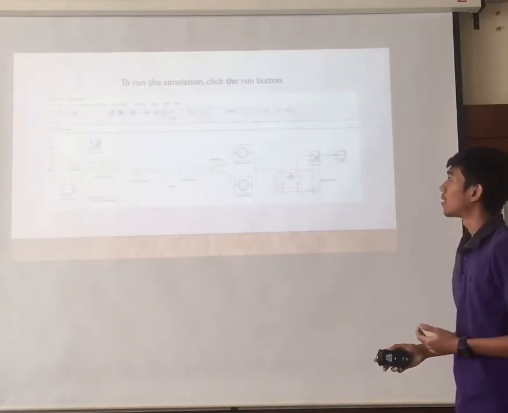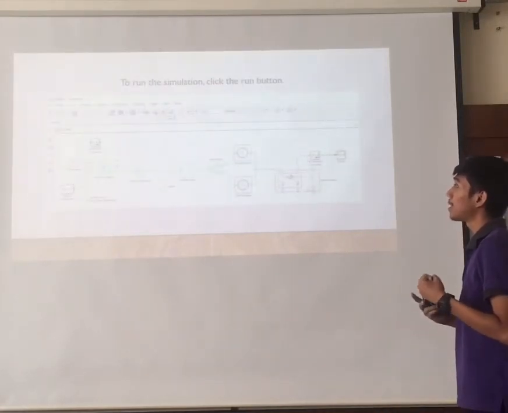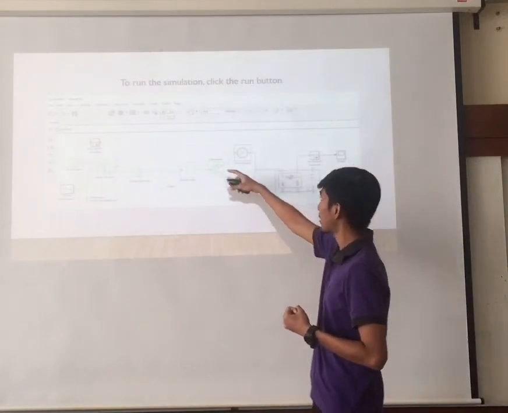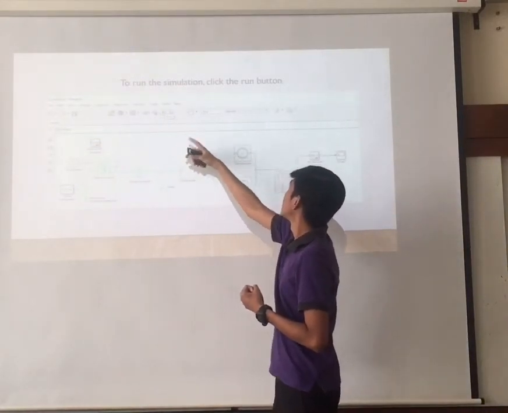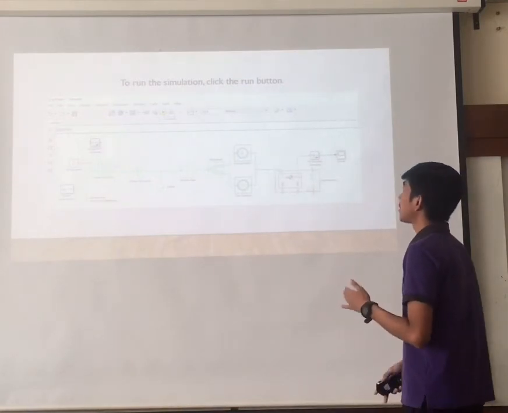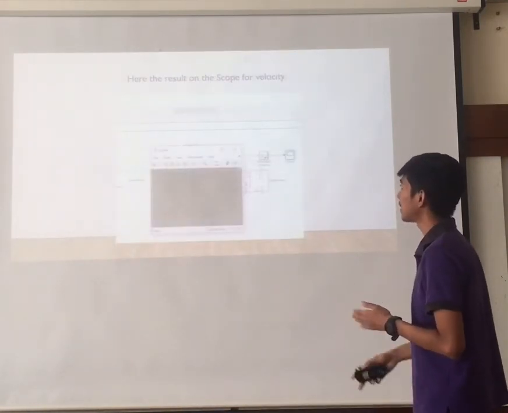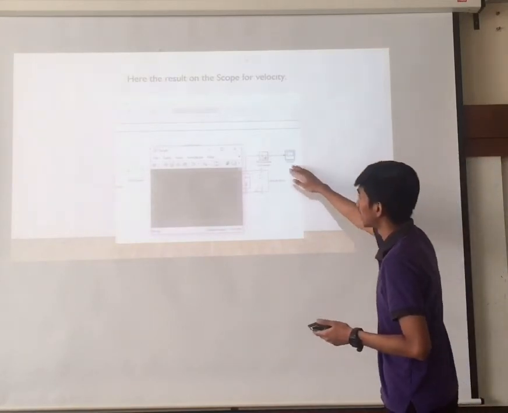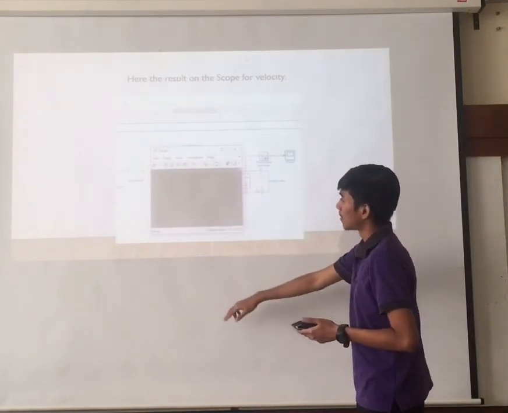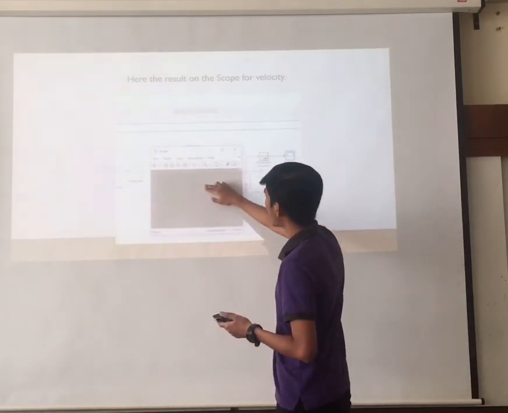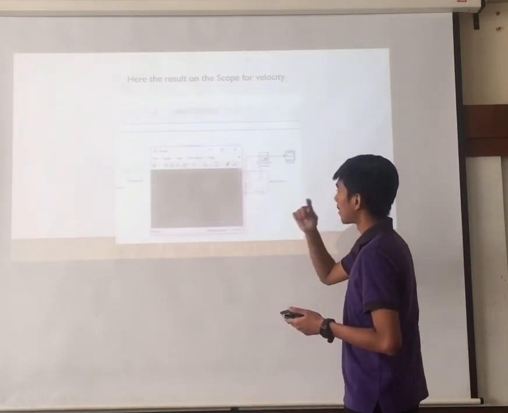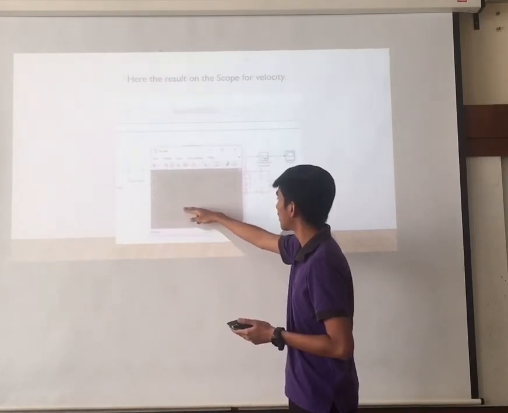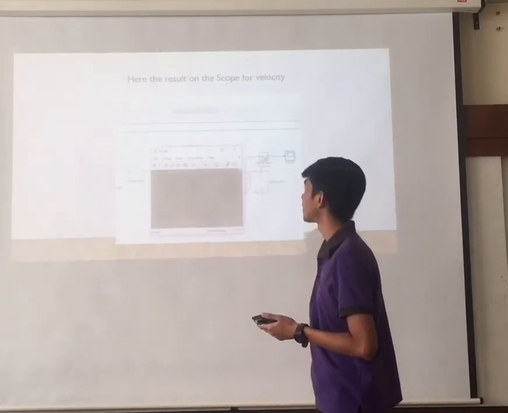Then if we want to run the simulation, click the run button over here, and it will compile, and then we can see the result on the scope for the velocity. As you can see here is a graph of the velocity from the static vehicle as it moves for 10 seconds.